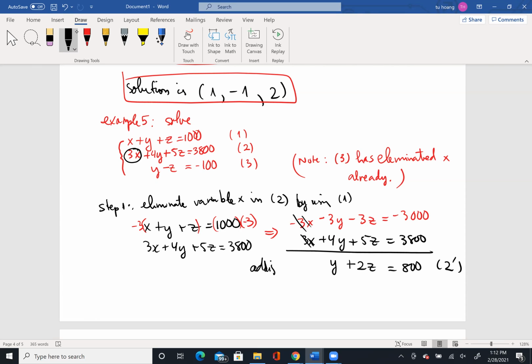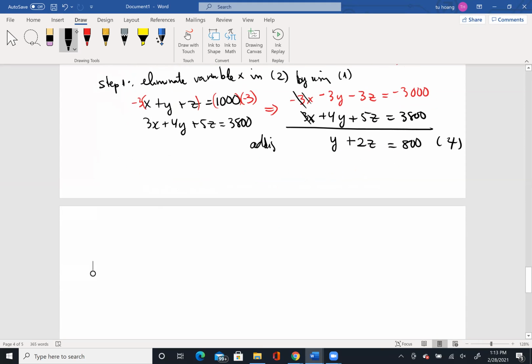Or you can say equation number 4. That's fine. So maybe in this case, I'm going to say equation number 4 instead of 2 prime. Okay, so now you're going to have a new system. The first one is x plus y plus z equal to 1000.